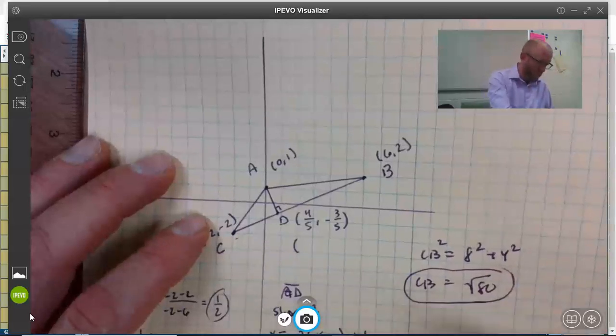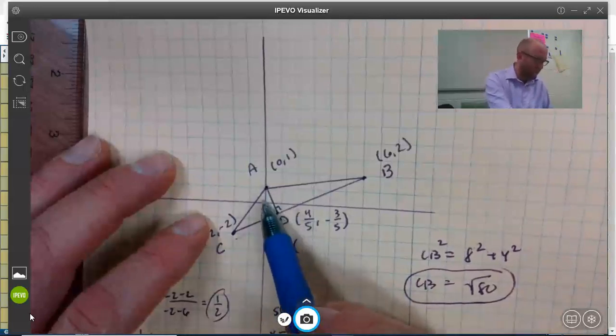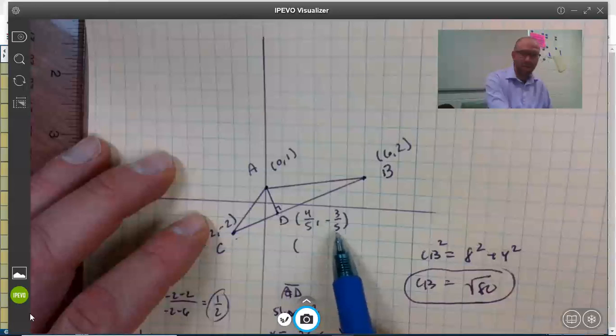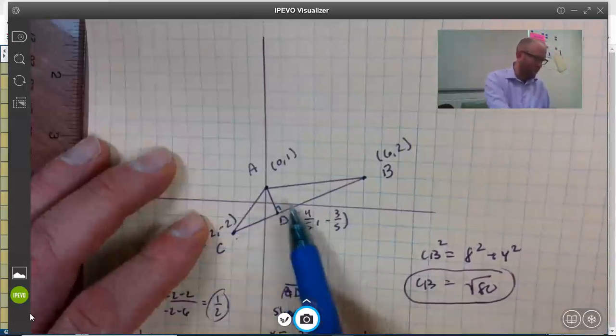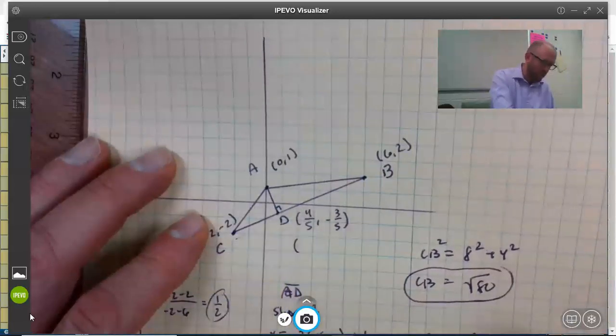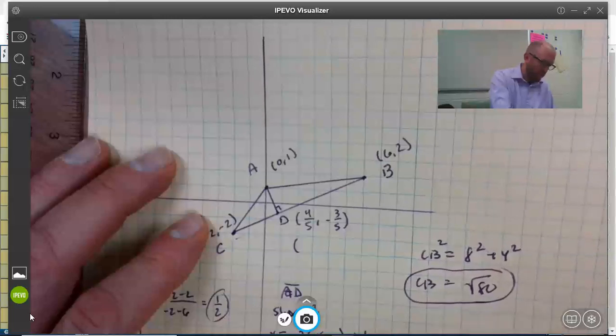AD equals the square root of, it's going to be down 1 and another 3/5, so that's down 8/5 squared, plus over 4/5 squared.